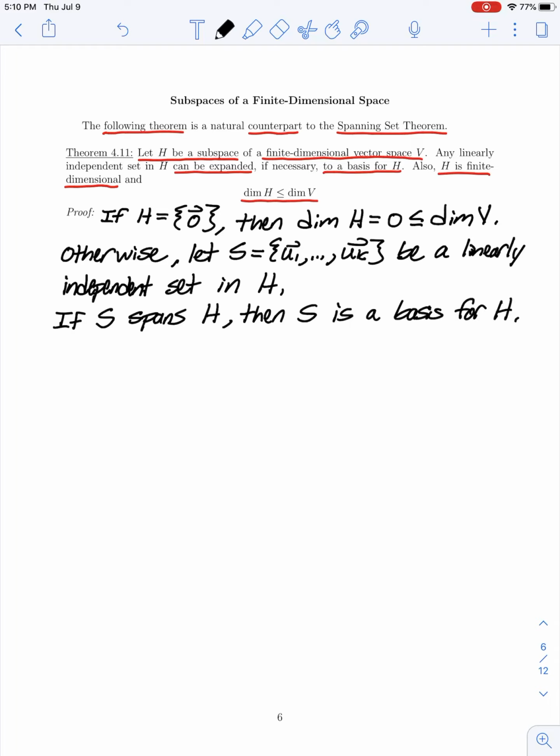So if we have a set S which is linearly independent in the subspace H, and it spans H, then by definition S is a basis, a linearly independent spanning set for our subspace.